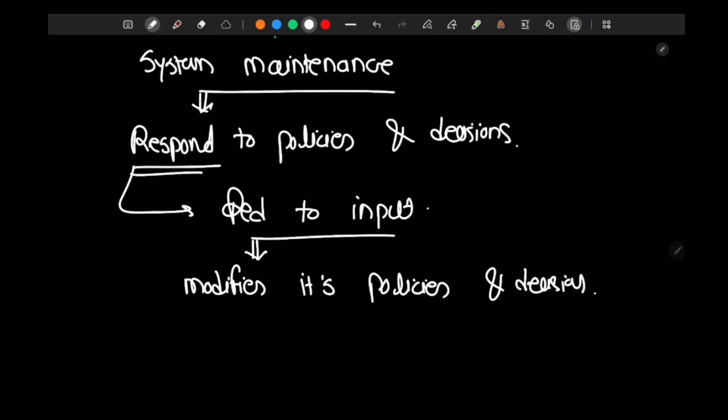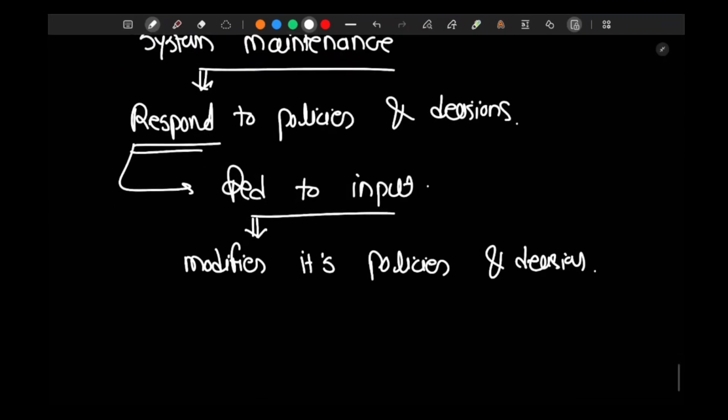It is automatic, with respect to the response of the people. People expect particular policies or decisions from the system, people will respond to that in input, and policies will be modified or new policies will be made. That is the idea.